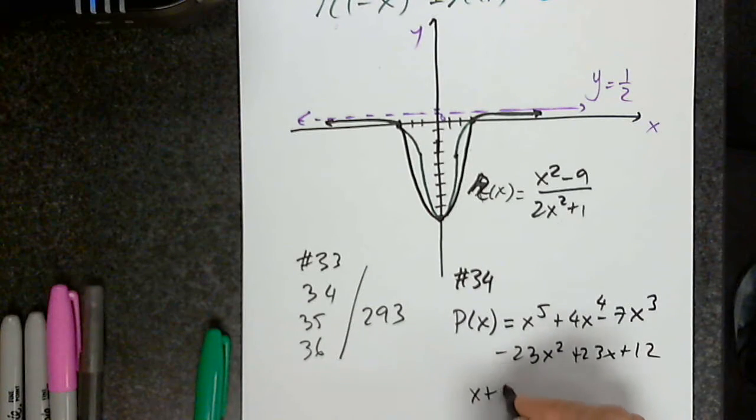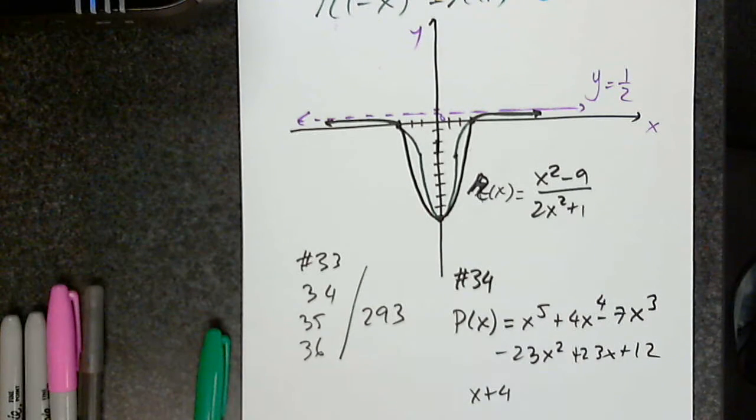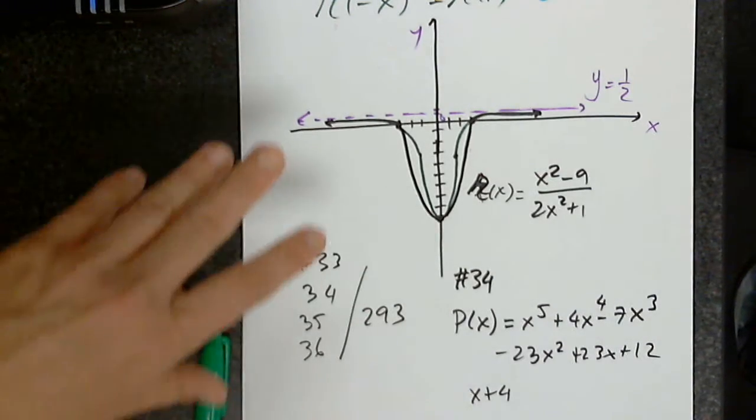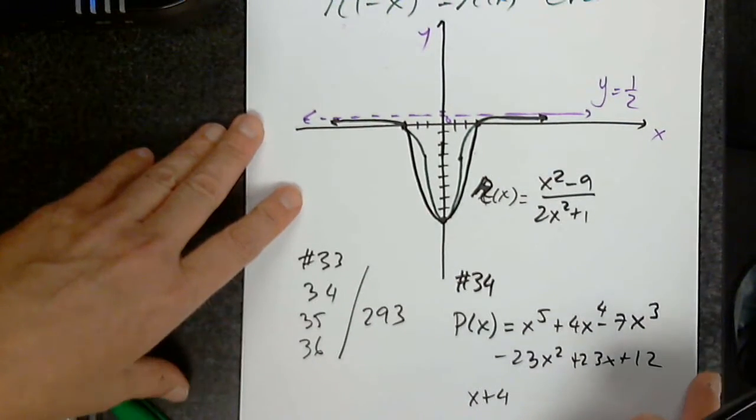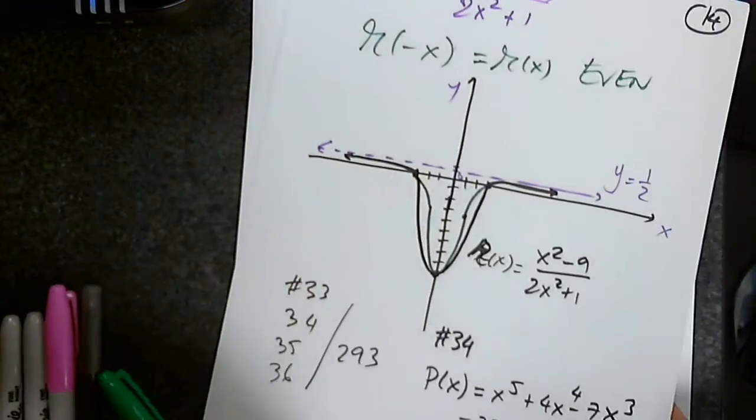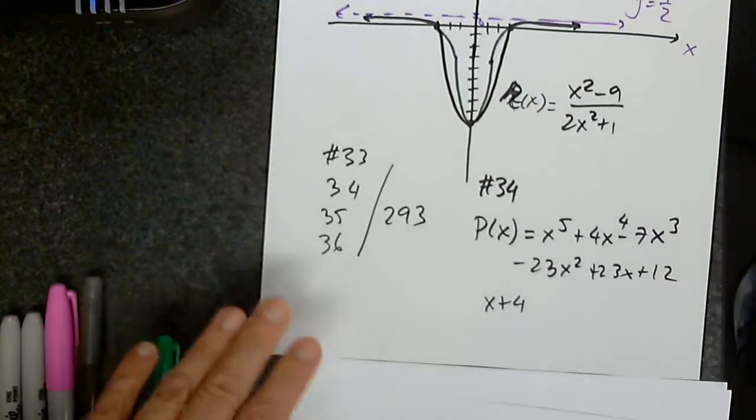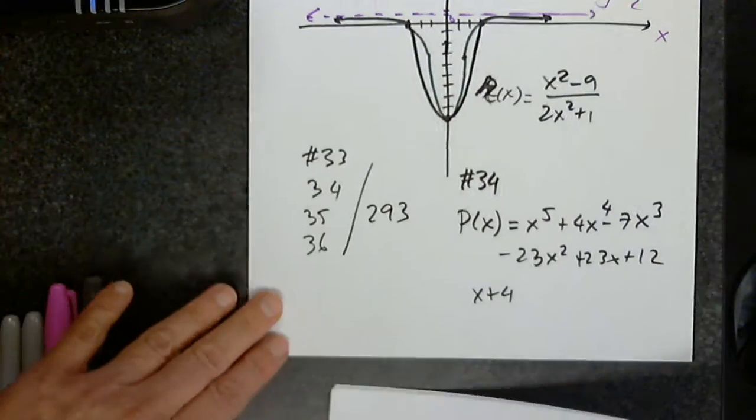And they want us to show that x plus 4 is a factor of this polynomial. How do I show that x plus 4 is a factor of this polynomial? What do I have to determine?